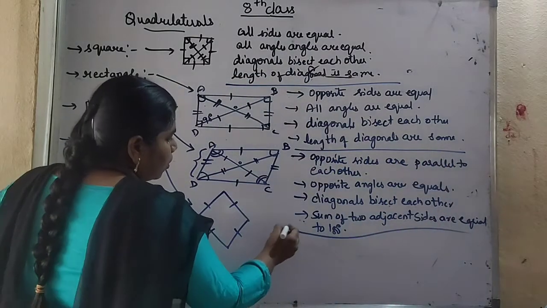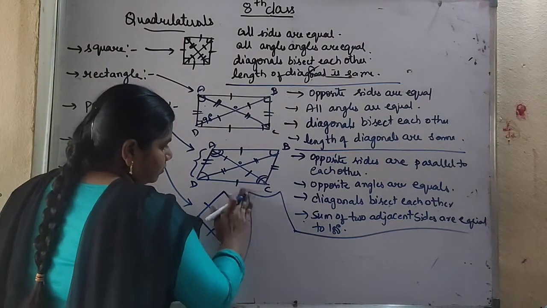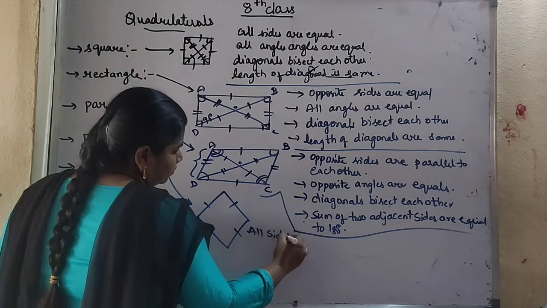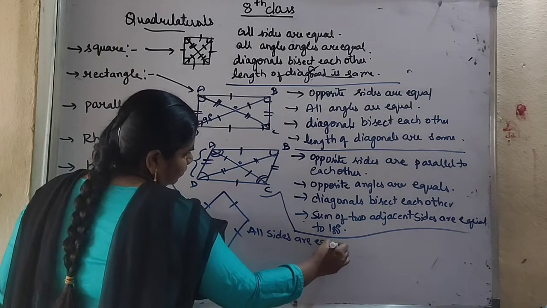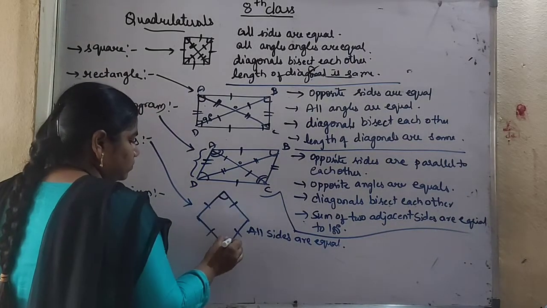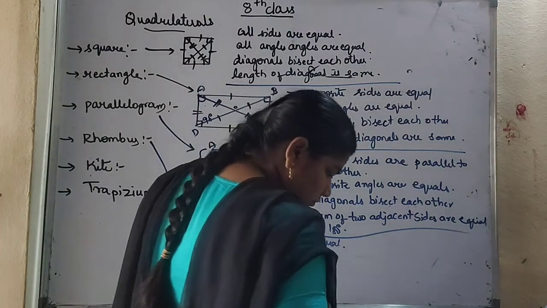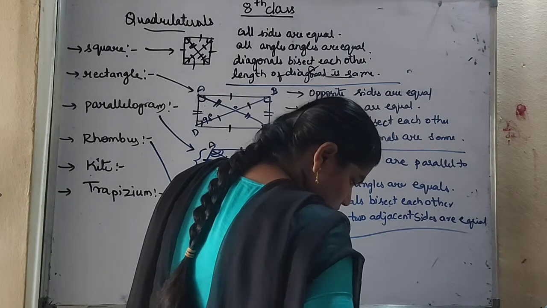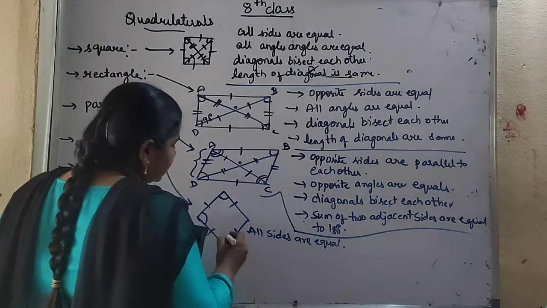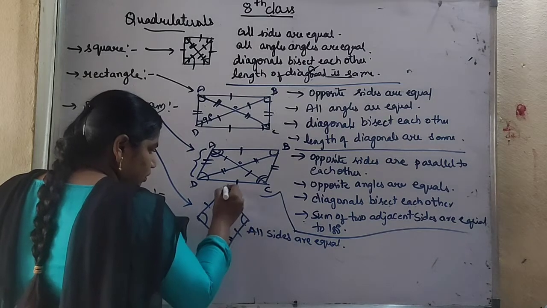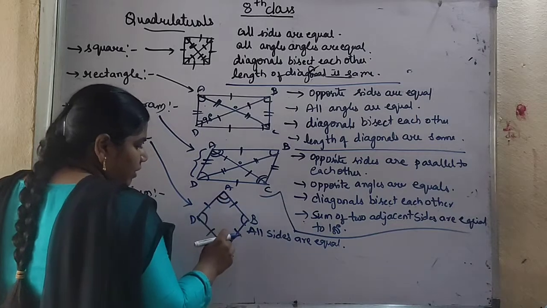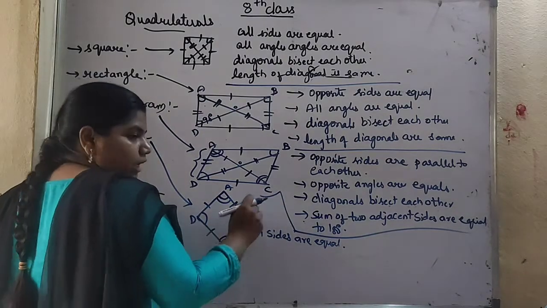In rhombus, all sides are equal, and opposite angles will be equal. If I take A, B, C, D, here angle A will be equal to angle C and angle B will be equal to angle D.